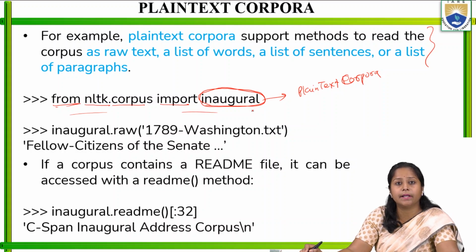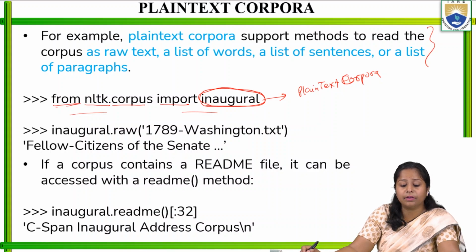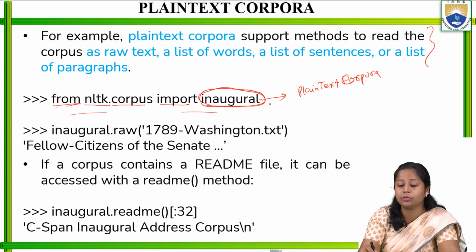That is the basic syntax we need to write, and then it will be called again, because this is corpora. The corpora has a number of corpus in it, so that is going to show us many other corpus in this corpora.